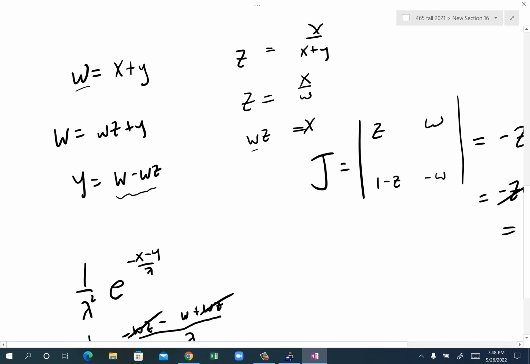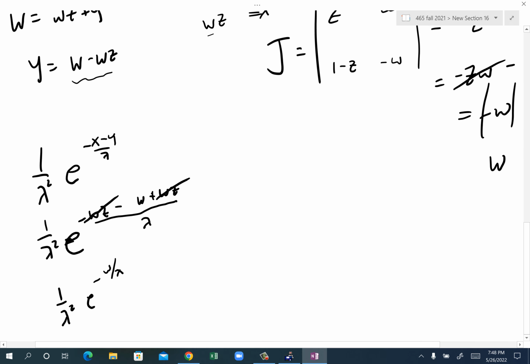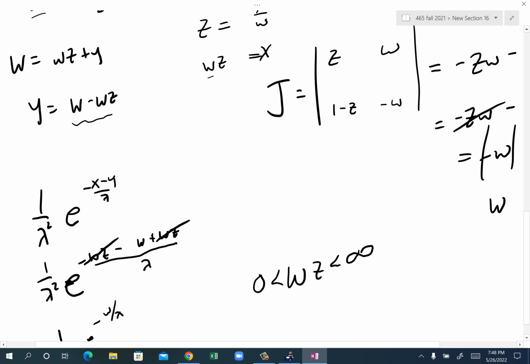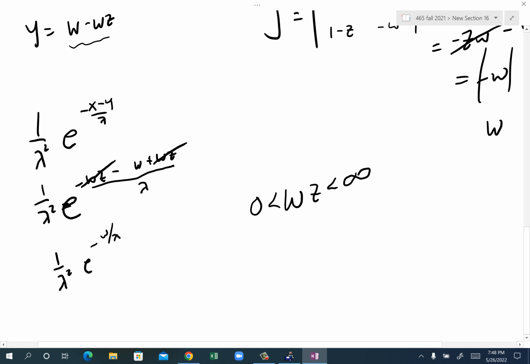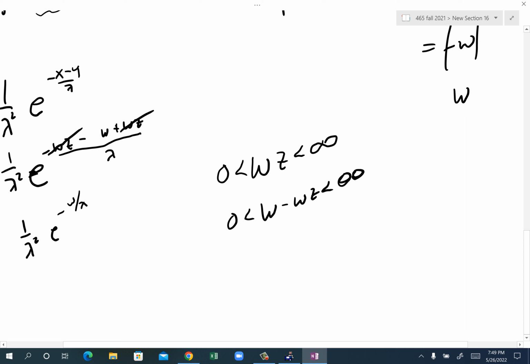And so you got x, which is wz. Wz goes from 0 to infinity. True. And y, which is w minus wz, goes from 0 to infinity as well, obviously. I included infinity because it makes me happier. If I didn't include it, you'd be bounded by something on the top end.